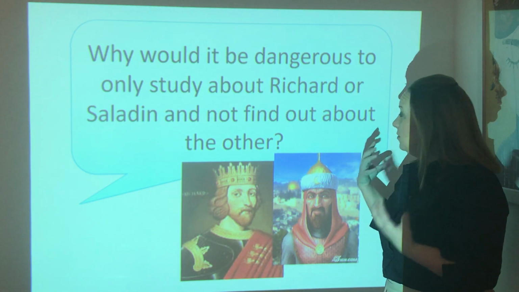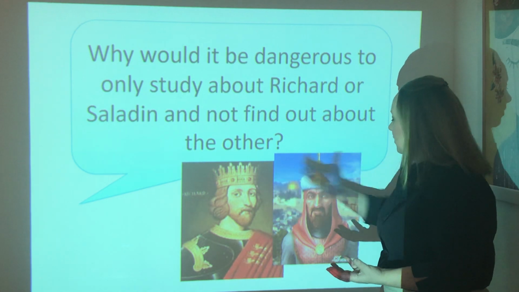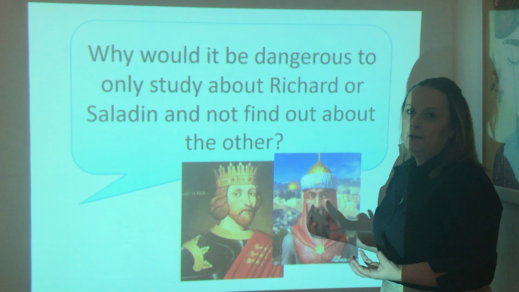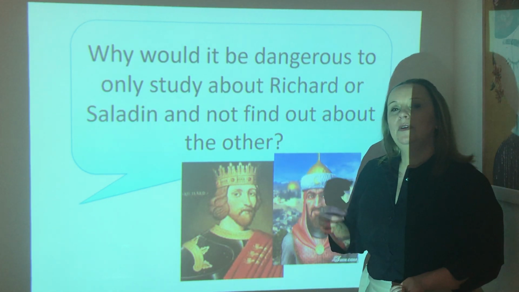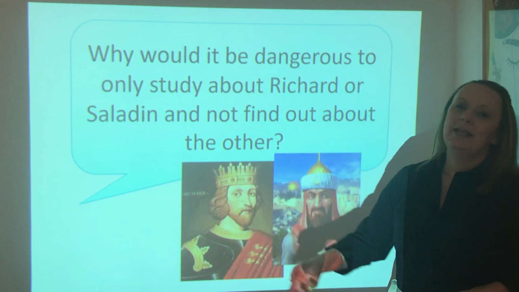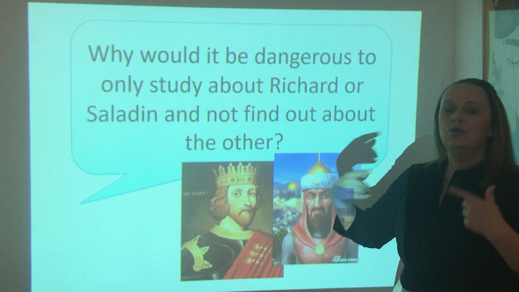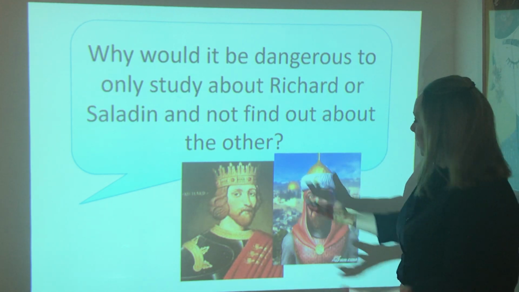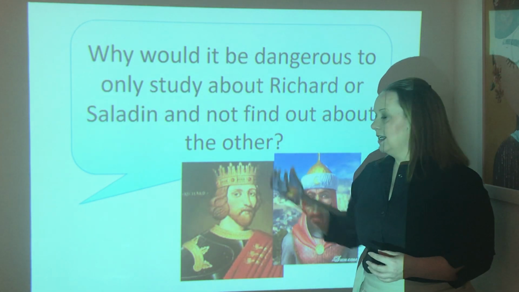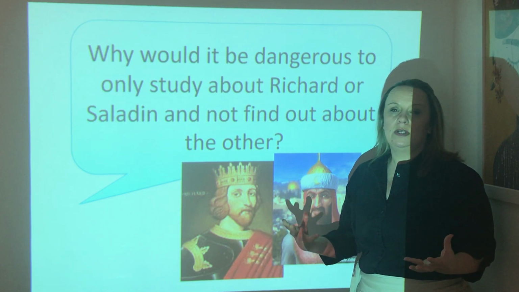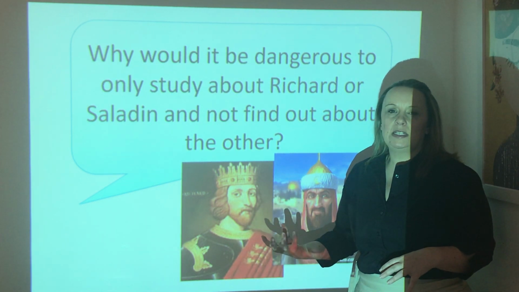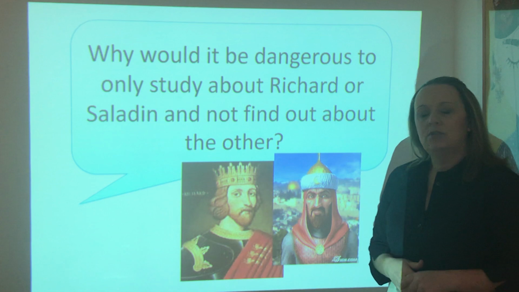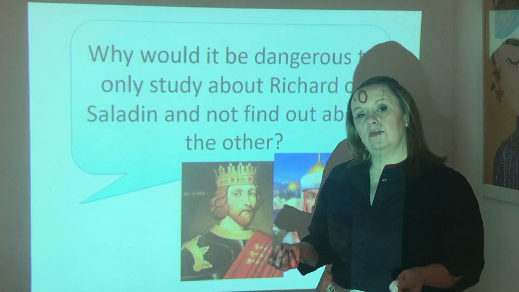You need both sides of the argument so that you can empathise with both sides. And to learn about history means we don't repeat mistakes. We don't do the same thing again. So by understanding, rather than just thinking we were right to do what we did or wrong to do what we did, we can think about those two different ideas and those two different viewpoints.